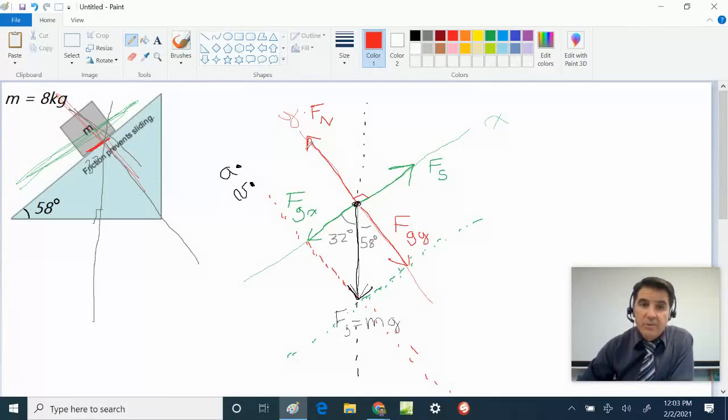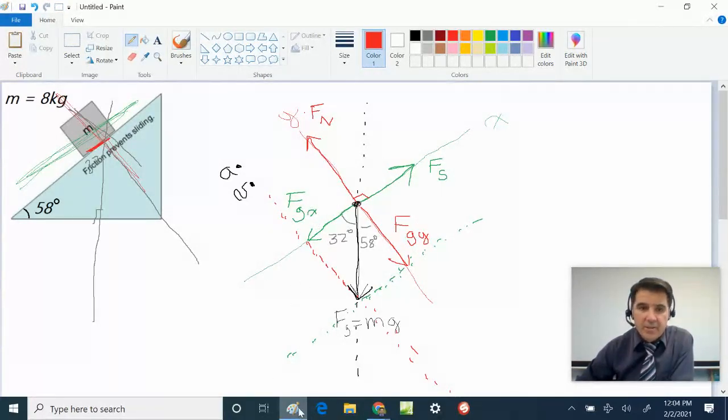In this case, it would be the vertical component of gravity, and this would be the horizontal component of gravity. We're going to call this Fgx, which is the component of gravity going down the hill, and we're going to call this Fgy, which is the component of gravity going into the hill. Fgx is opposite of the friction, and Fgy is opposite of the normal force.